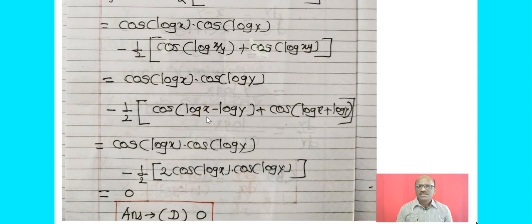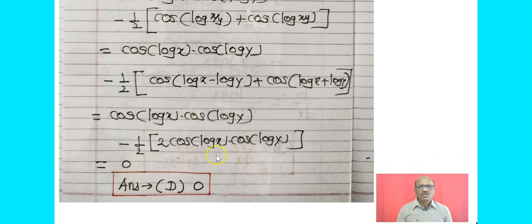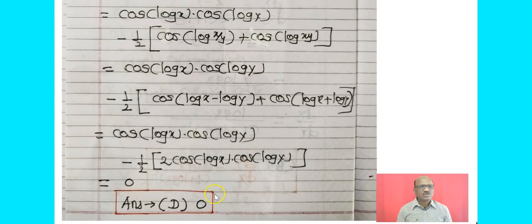After simplification, you will get cos of log x into cos of log y plus sin of log x into sin of log y plus cos of log x into cos of log y minus sin of log x into sin of log y. The sin terms get cancelled, and that's why you are getting the first term as 2 times cos of log x into cos of log y. And now these two get cancelled, and overall the whole answer is 0, and hence option D is the correct one.